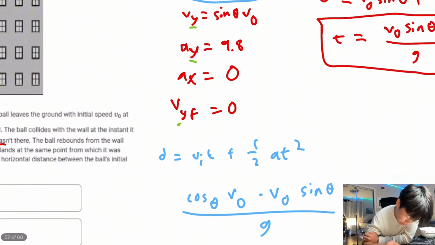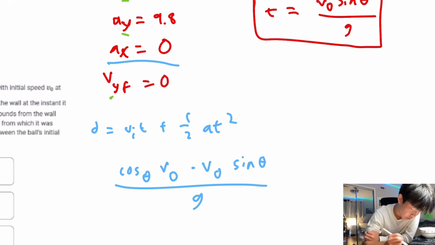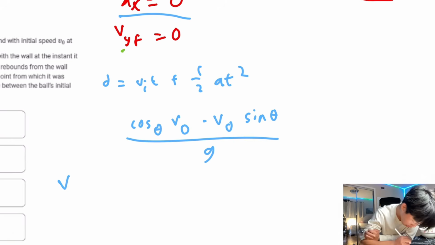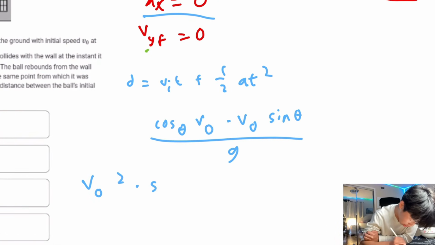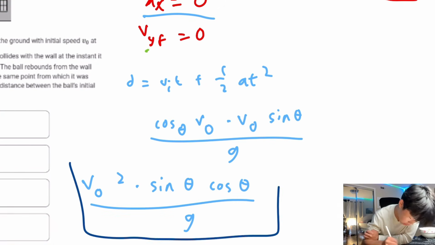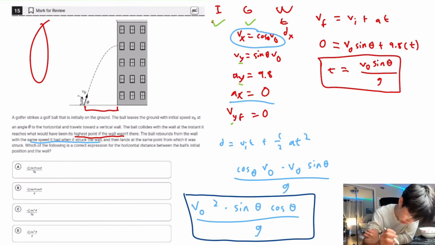And guys, what is acceleration? It's gonna be 9 point. No! That was a trick question. Acceleration is always 0. So that's our answer, guys. It's gonna be v initial squared times sine theta cosine theta over g. That might be one of the most satisfying equations to ever grace my mind or my hand.